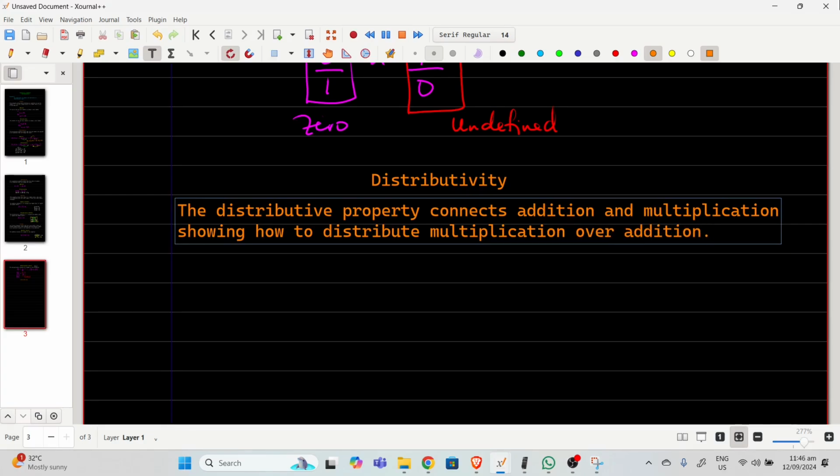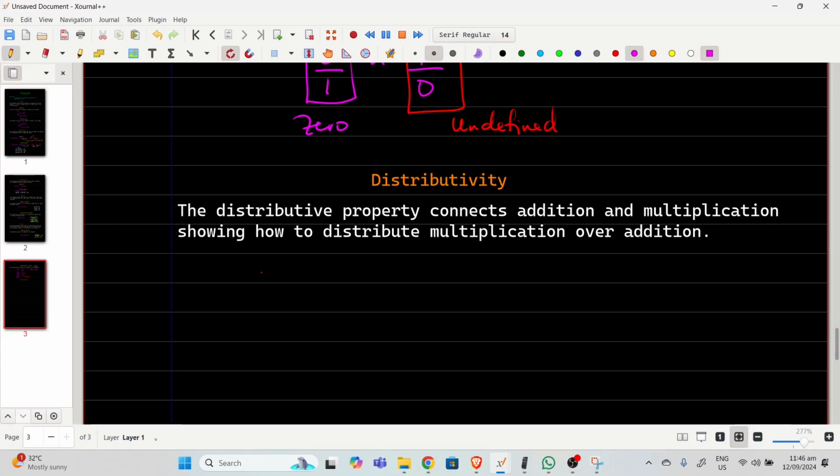This one here is one that we'll use a lot when it comes to algebra, especially when you're doing things like factorization. So what does this mean? Let's do a quick example of this. If you have a number multiplied by the sum of two numbers, let's say b plus c, then this is equivalent to saying a times b plus a times c.